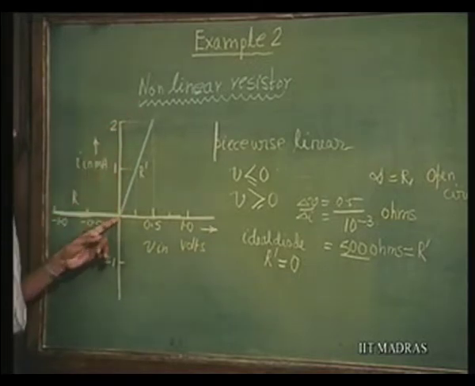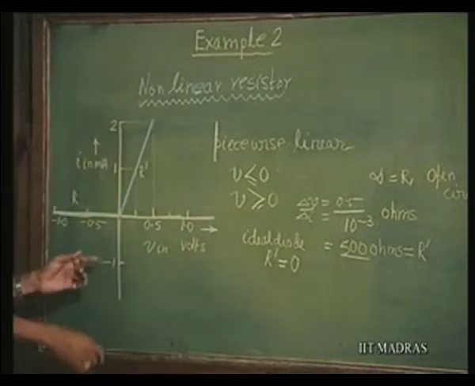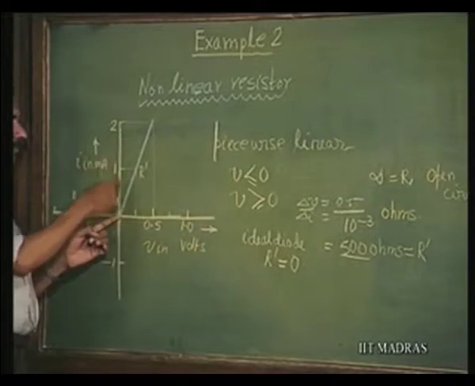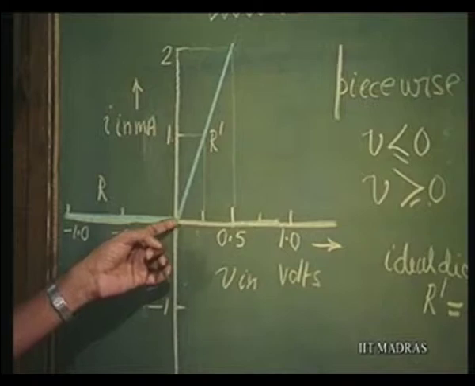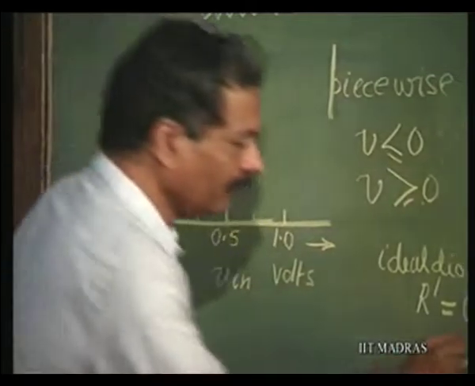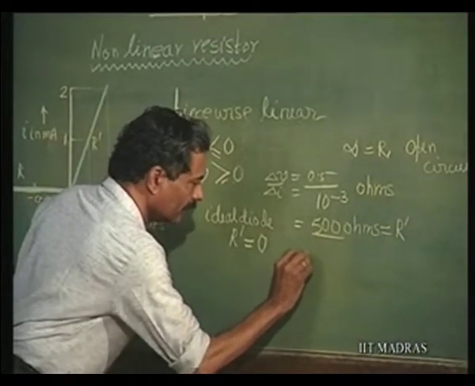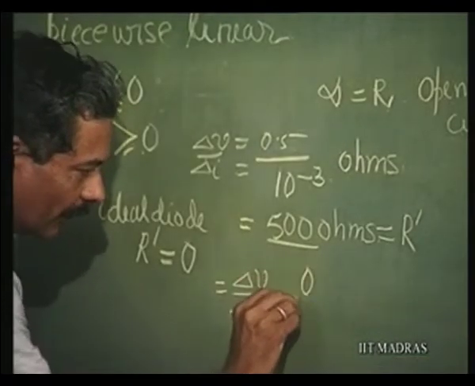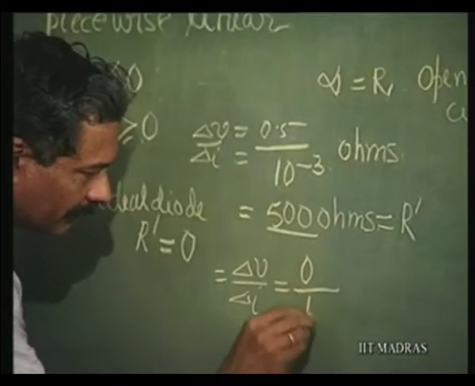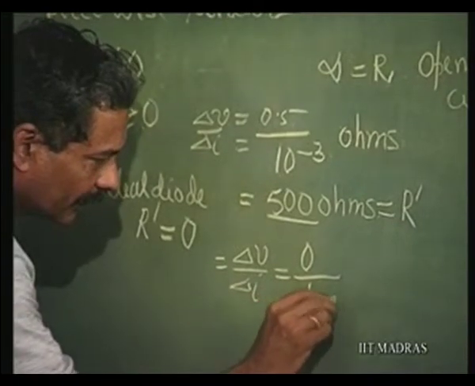R dash is 0 means what? Whatever be the change in current, may be 1 milliampere, change in voltage is 0, right. So, you will have delta V divided by delta I equal to 0, whatever be the current. You can have 1 milliampere change, does not make any difference.